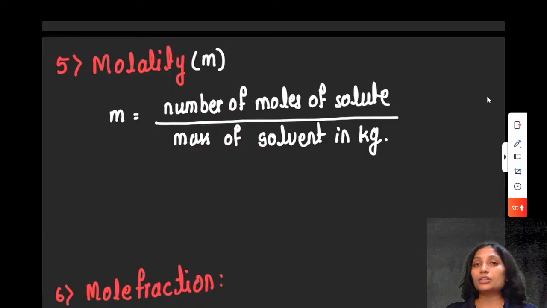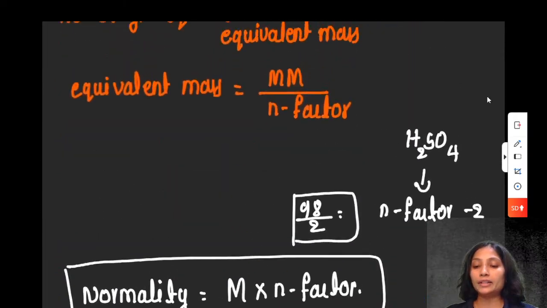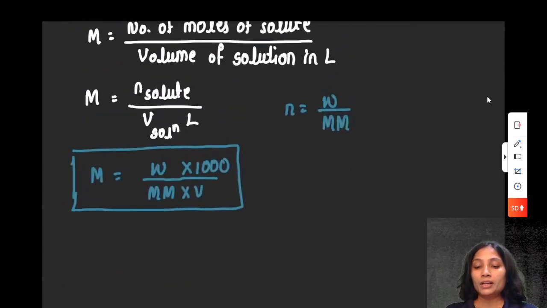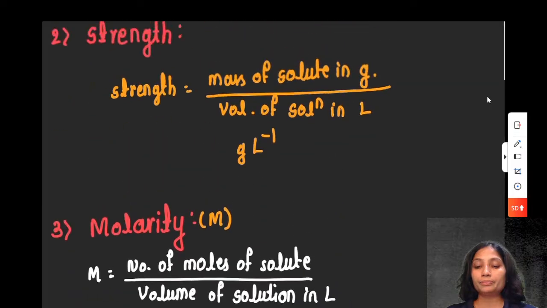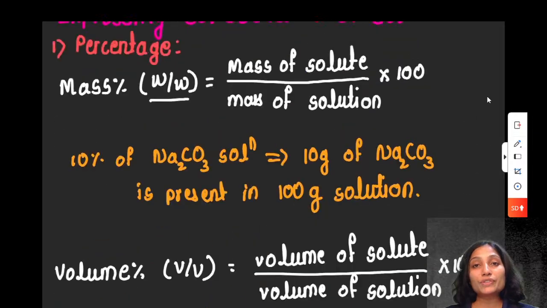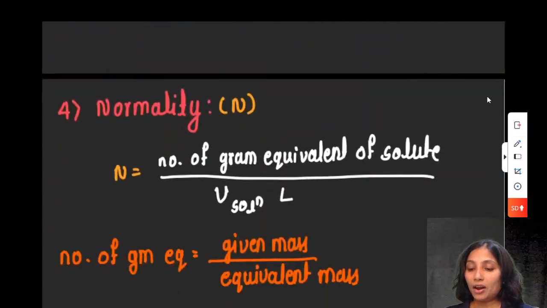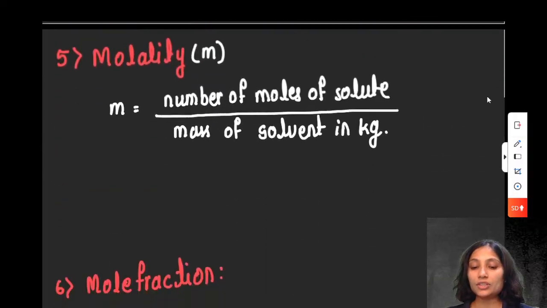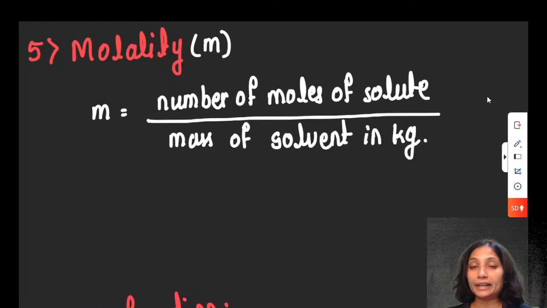In all the previous concentration terms, just go through all the concentration terms once. What was there in the denominator? Volume of solution, volume of solution, volume of solution, mass of solution, like this, isn't it? But in the case of molality, mass of solvent is present.